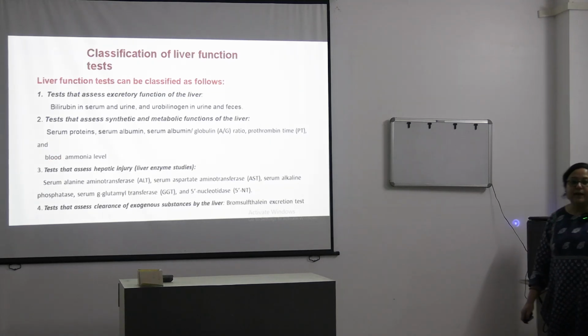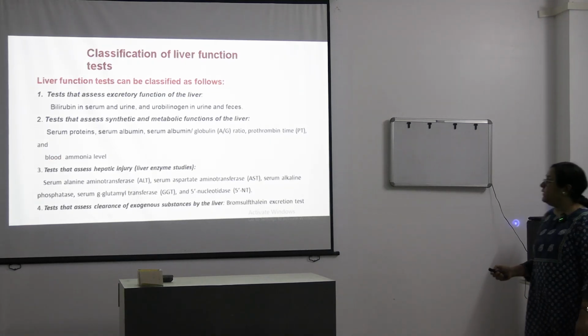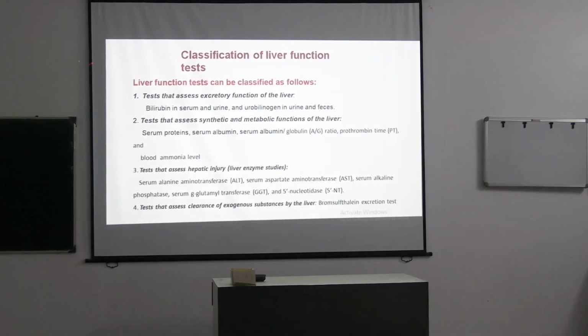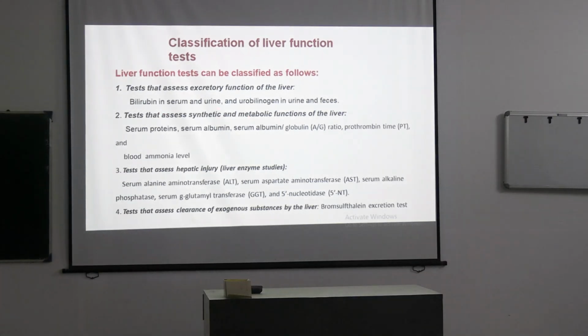Next, how to classify the liver function test. Liver function tests can be classified in 4 groups: tests to assess the excretory function, tests to assess synthetic and metabolic function, tests to assess hepatic injury, and tests to assess clearance of exogenous substances by the liver.